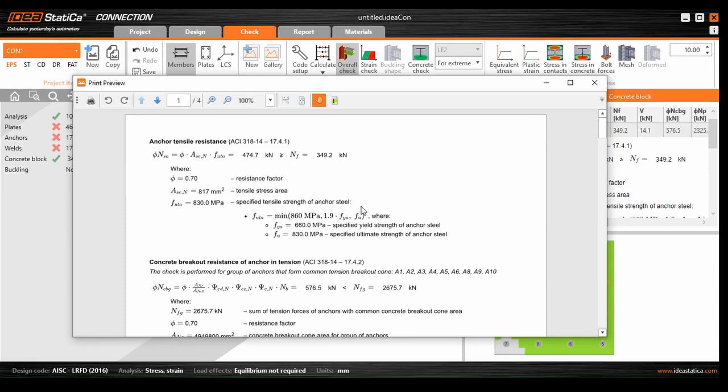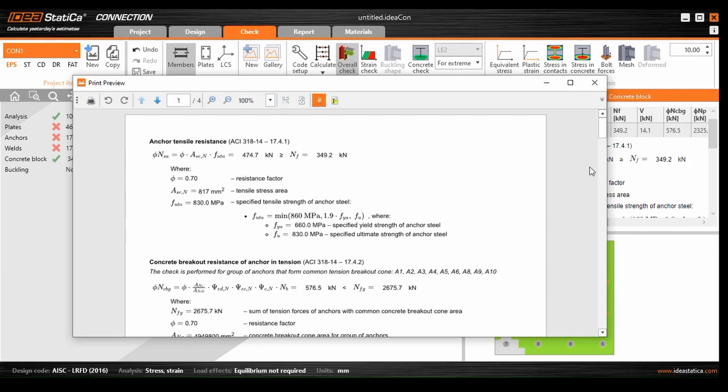NF is the tensile force, and phi NSA is the strength of the anchor in tension. And the safety factor is about 1.5, I guess, which is an indication that we can reduce the diameter of the anchors.